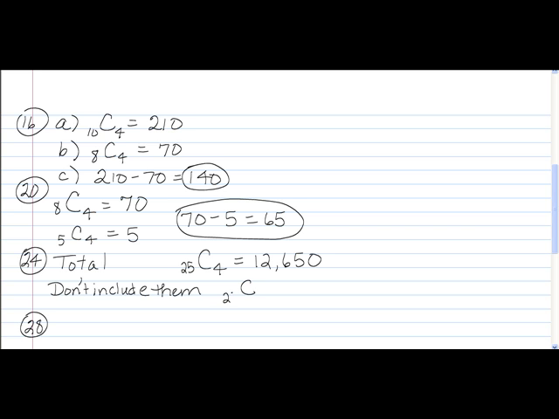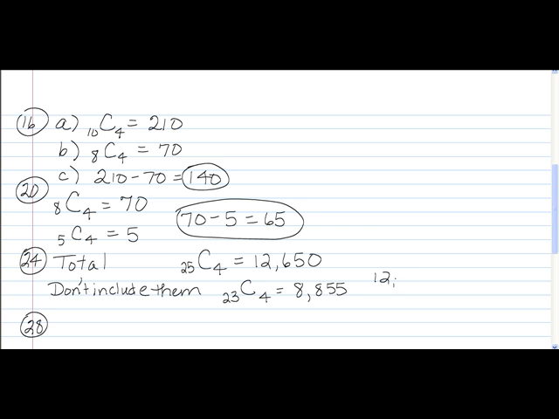Okay, so we're removing the 2 professors, Fontana and Spradley. So this time we'll do 23 combinations. Oops, I gotta get to combinations. Okay, there we go. And I want to select 4, and that's 8,855.